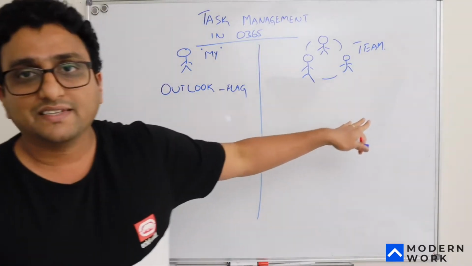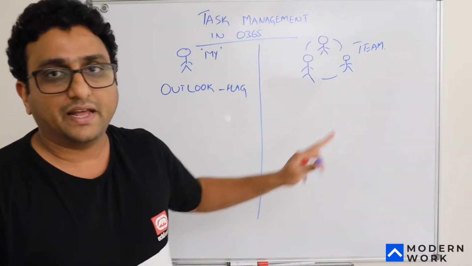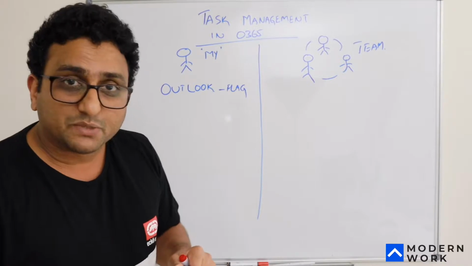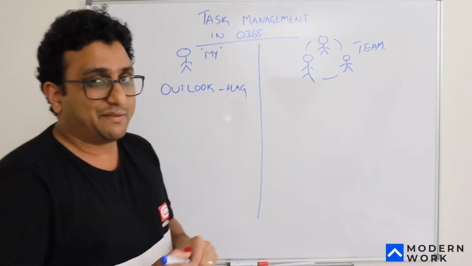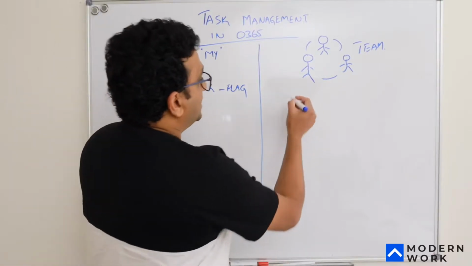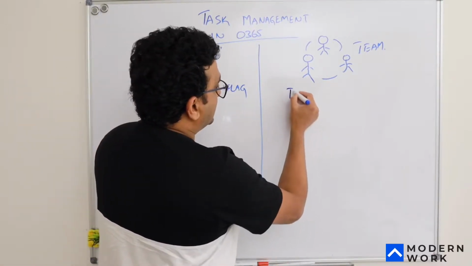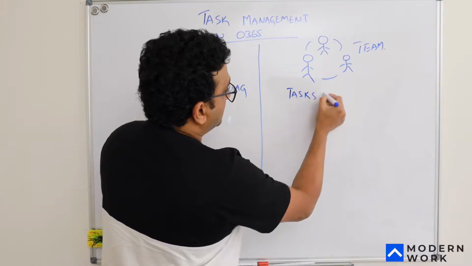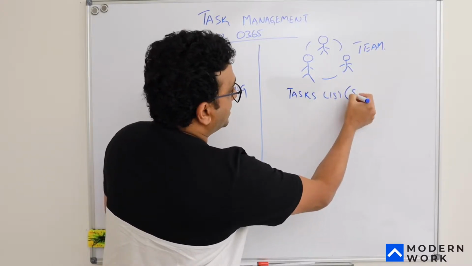Traditionally, in the classic experience of SharePoint and the other apps, from a team perspective, we had a few different types of tasks. For example, we had SharePoint tasks, the tasks list within SharePoint.